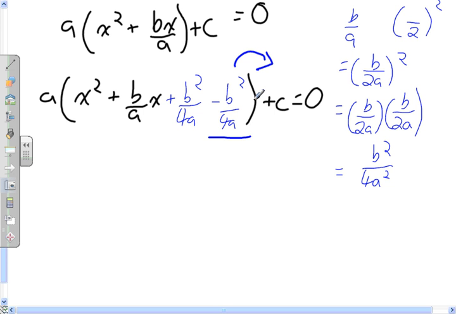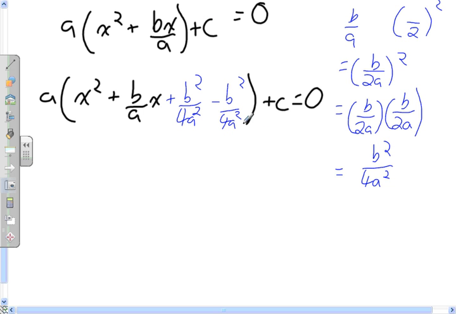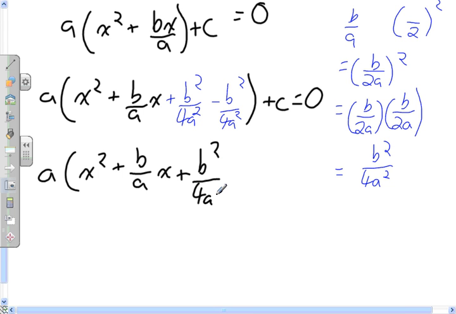And when I do that, I have to multiply it by a. So, in other words, oh, sorry, no one picked up on this. When I wrote these in here, let's just say squared and squared. Okay? When I go to take that out, I have to multiply it by a. So, what that's going to look like, x squared plus b over a x plus b squared over 4a squared.